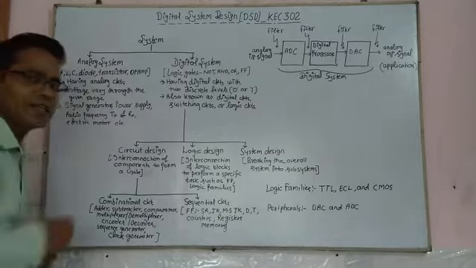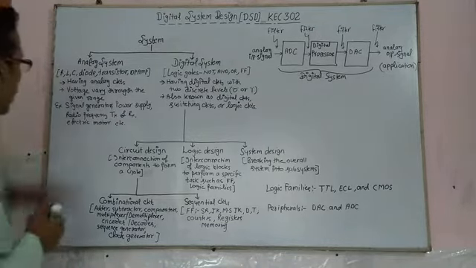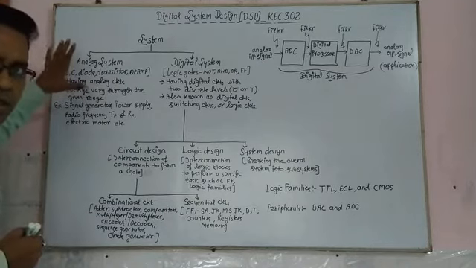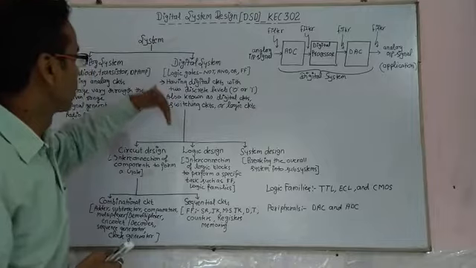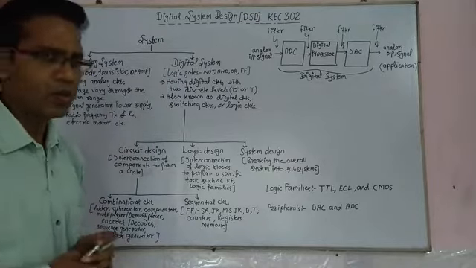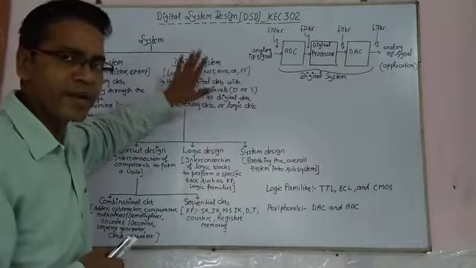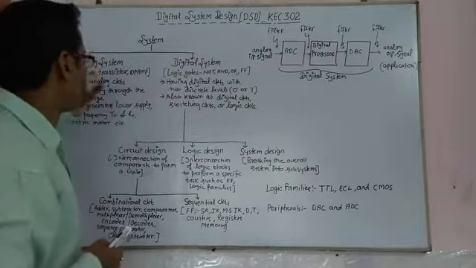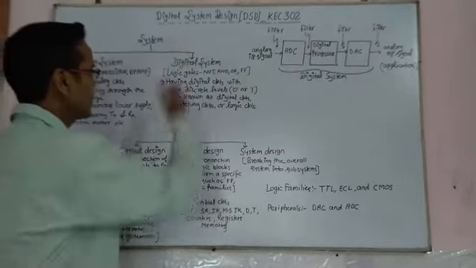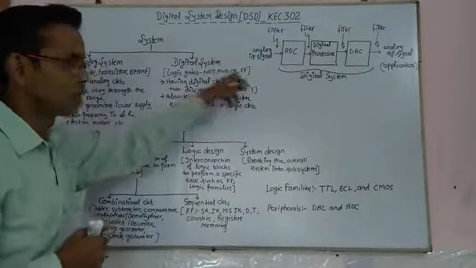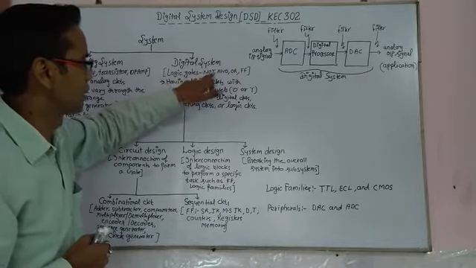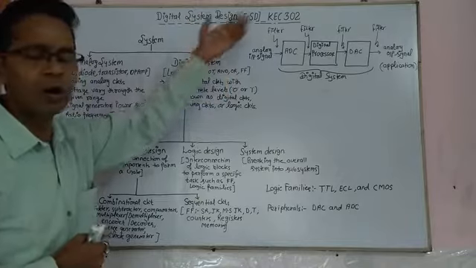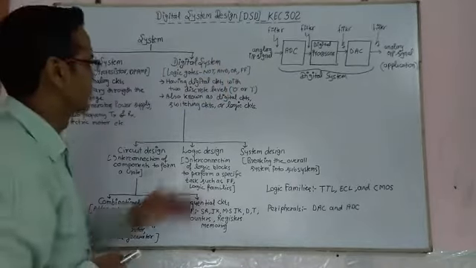There are so many drawbacks or shortcomings of analog systems. That's why we go further to study digital systems, because there are so many advantages over analog systems. Here we use digital elements like logic gates such as NOT gate, AND gate, OR gate, or combinations like flip-flop.